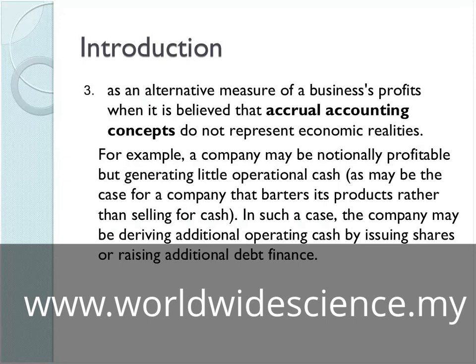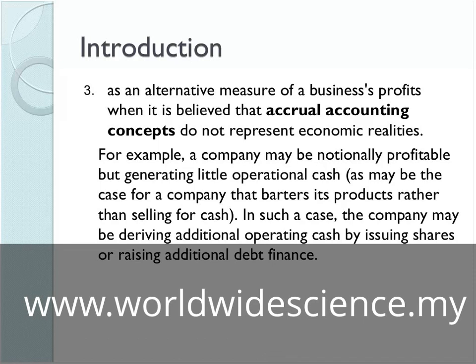As an alternative measure of the business profits, when it's believed that accrual accounting concepts do not represent economic realities. For example, a company may be nominally profitable, but generate little operational cash, as may be the case for a company that barters its product rather than selling for cash. In such a case, the company may be deriving additional operating cash by issuing shares or raising additional debts.